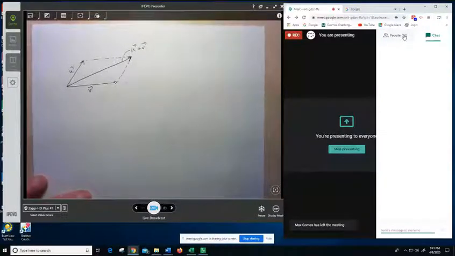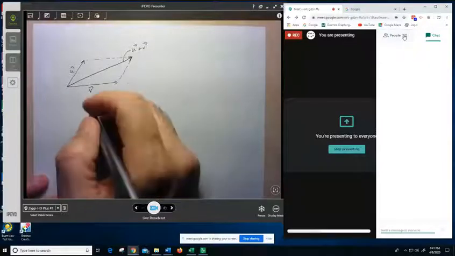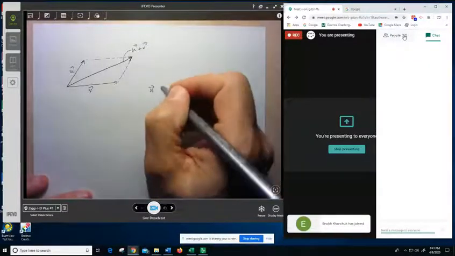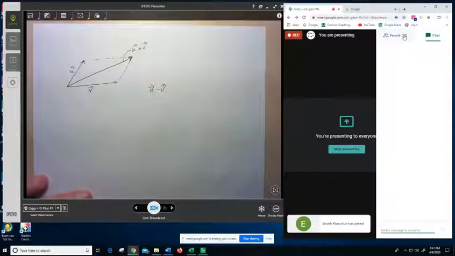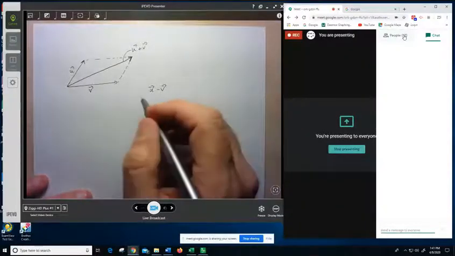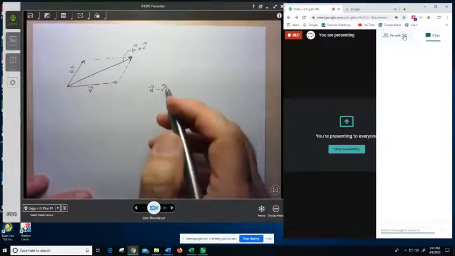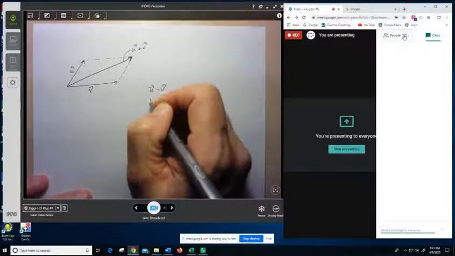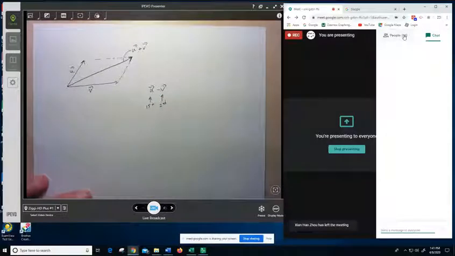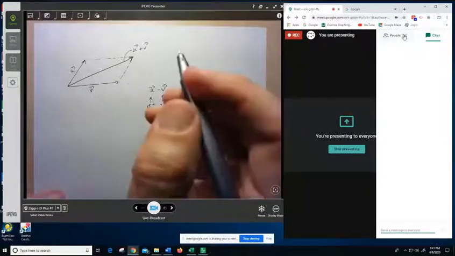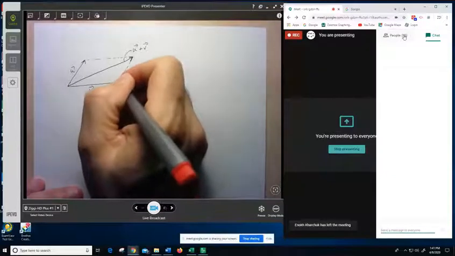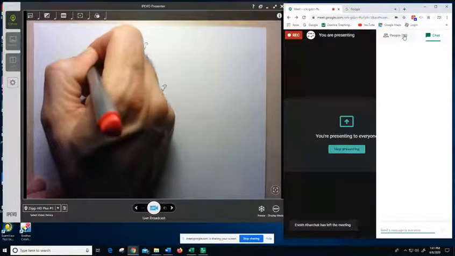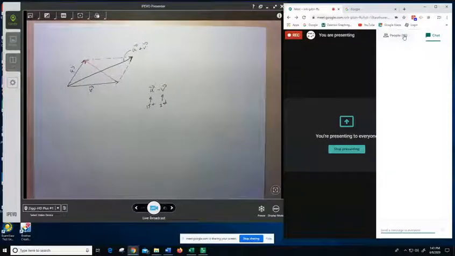For subtraction it's maybe not quite as obvious. If I want to do u minus v, the way we describe it when they're tail to tail is from the tip of the second to the tip of the first. So I go from the tip of v to the tip of u, and that represents the subtraction.